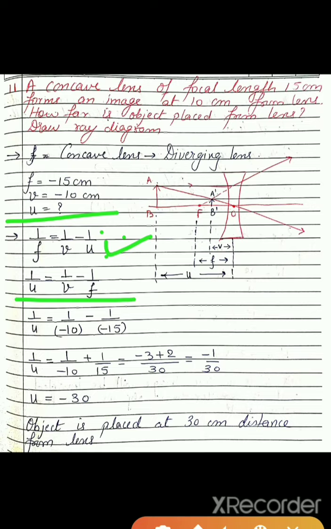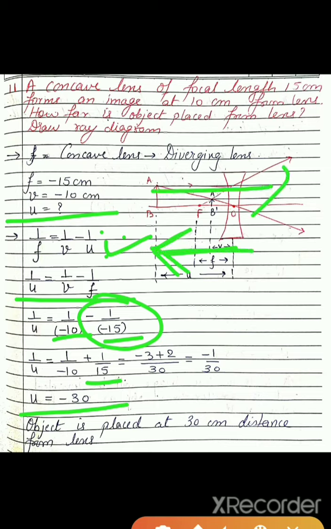So v was minus 10, f was minus 15. This minus and minus will become plus. And now solve this. After solving, you will get u is equals to minus 30. Okay, so as you obtain the answer, then you will understand that the object is also on this side only. So this is the incident light and this is the object distance. Okay, so we have calculated at what distance the object will be placed in front of concave lens.